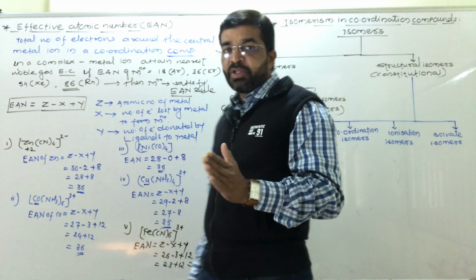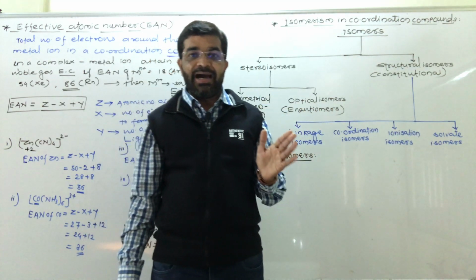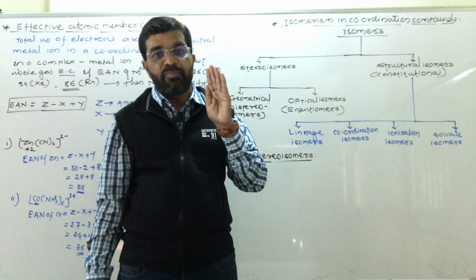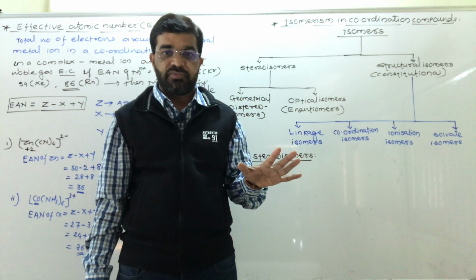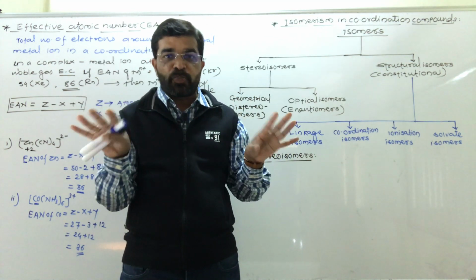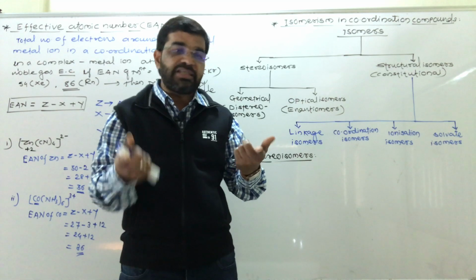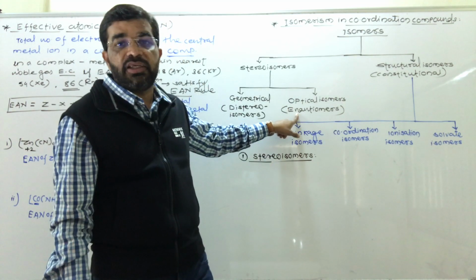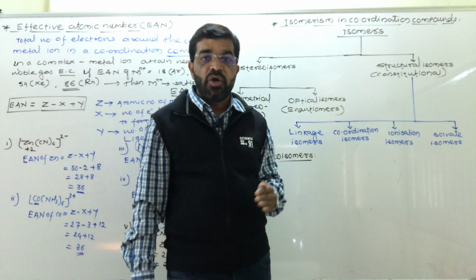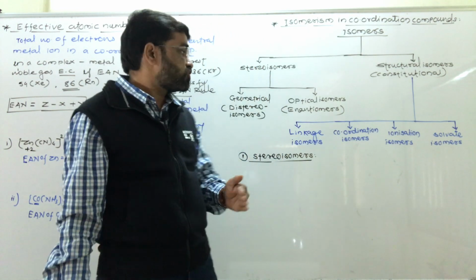Enantiomers means they are non-superimposable mirror images of each other. Compounds have the same formula, but they are non-superimposable on their mirror images. So they are called the enantiomers, or they are also known as the optical isomers, optical antipodes also.